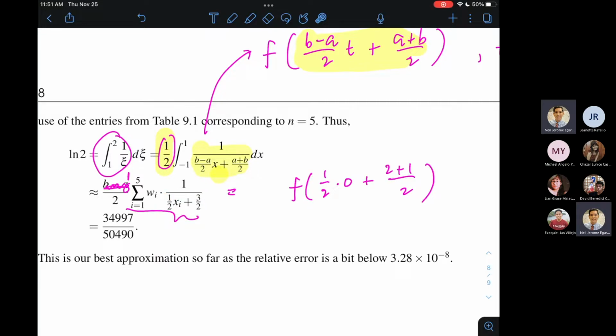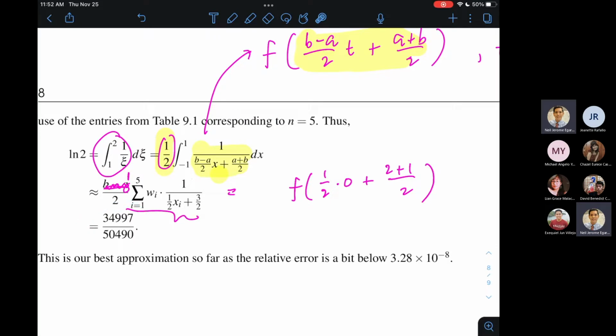Hindi na lang siya c. Hindi ako nagpa-plug in dun sa original function per se, pero dun ako nagpa-plug in dun sa function, but this time yung c value o yung original variable ay involving na yung translation ng mga roots na nandun sa table 9.1.